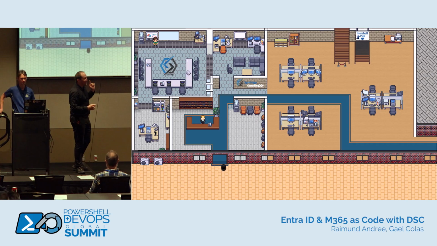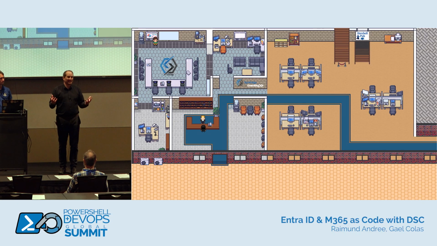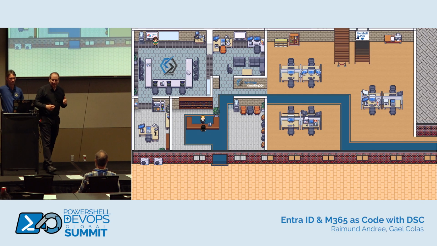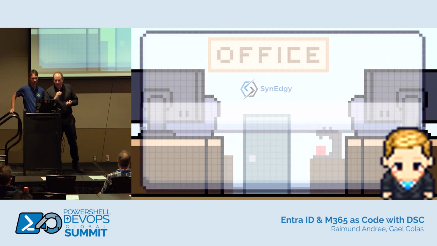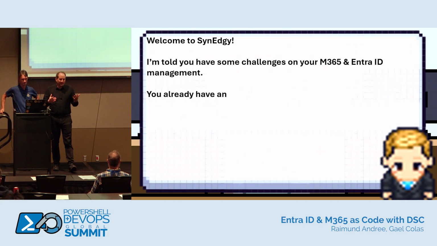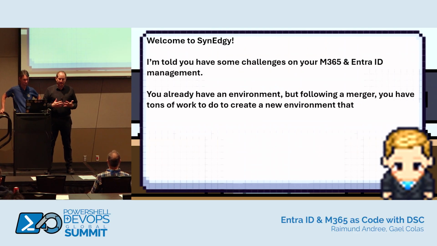I talked earlier about the gather.town platform. This is what you do. You go, and then you can talk to someone, so it feels much more interactive than if you're just on a Teams call. So basically, you've got Bill, who says, come and talk to me. And I say, welcome to the company. And then you have some challenges with M365 and Entra ID.